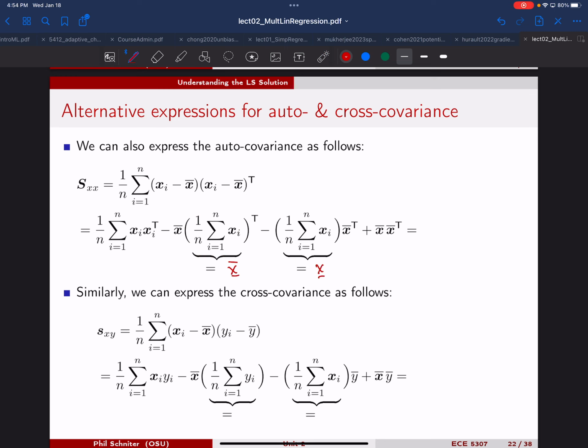Same with this. And now you can see this is going to be x bar transpose. This is another x bar transpose. So we have three of them, but this is a minus, and this is a plus. So these cancel, leaving this. So we're going to get the first term, which is the average of x_i x_i transpose minus x bar x bar transpose.